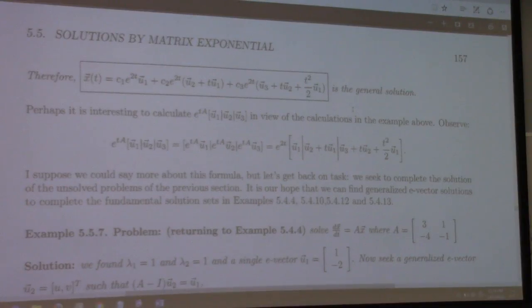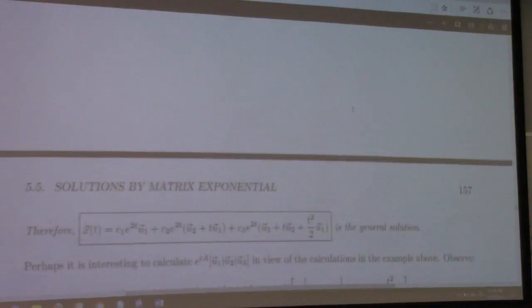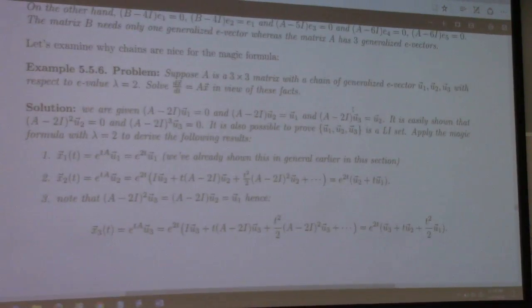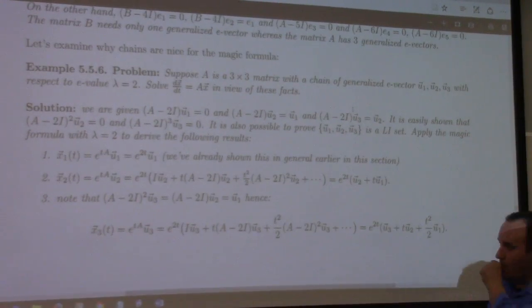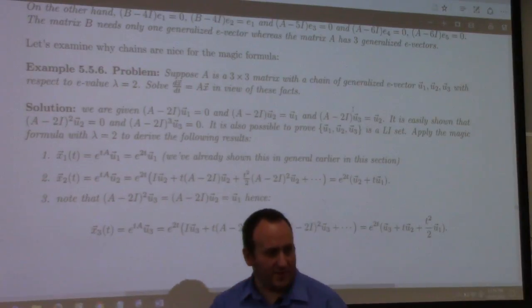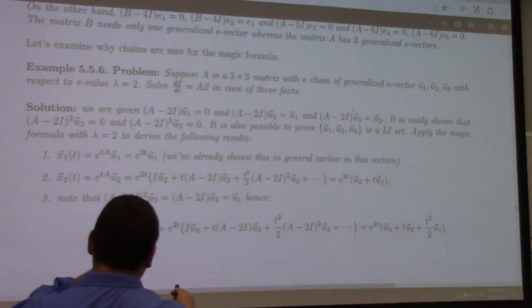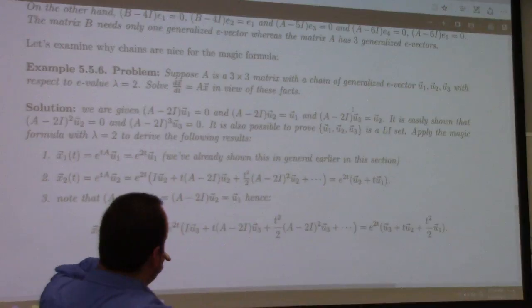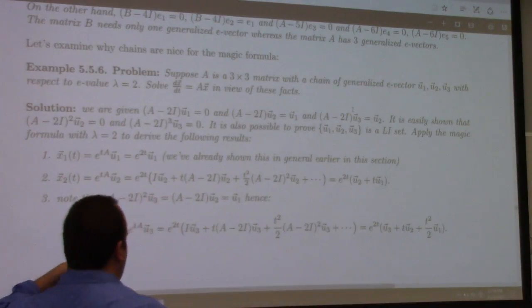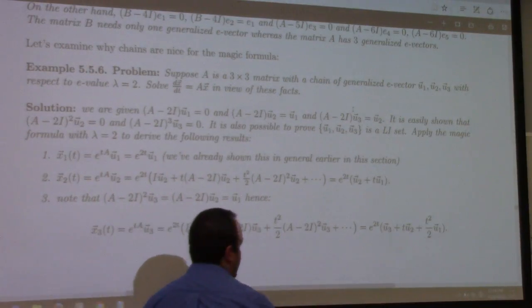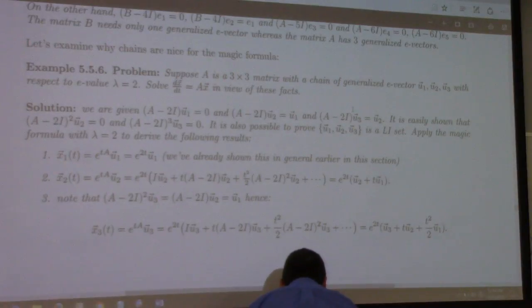Student: How did you get to u1 in the last part? Oh, this one? u1 is an eigenvector, that's given here. Student: I just mean in the very last calculation where you had the A minus. Oh, yeah, I'm sorry. A perfectly legitimate question.